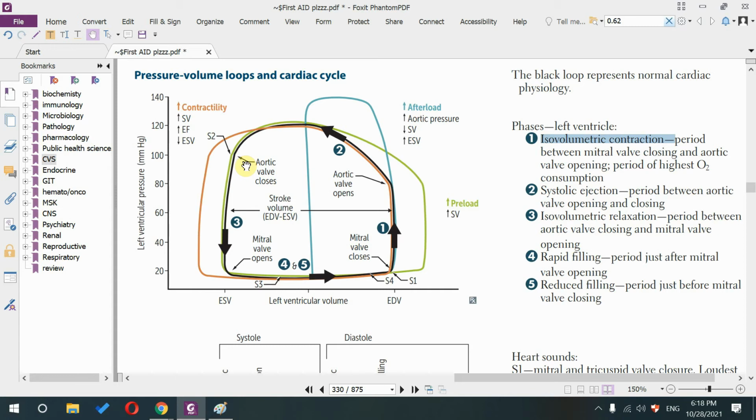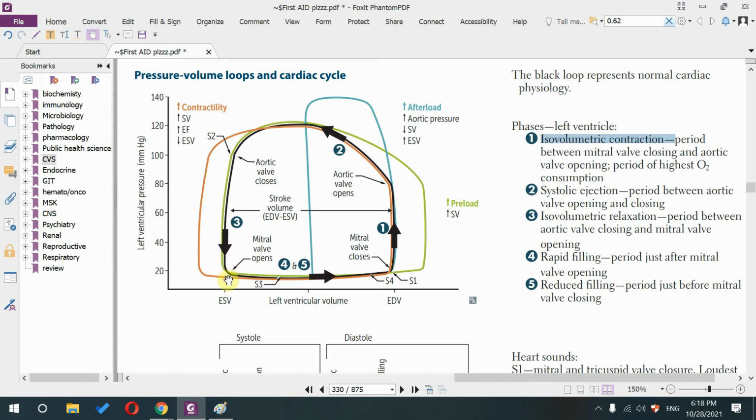The pressure inside your aorta goes up because you put more volume in it, and your left ventricle pressure goes down because you have less volume in it, so the valve will close. When the valve closes, what will happen? Time for isovolumetric relaxation. The mitral is already closed, the aortic is now closed, so everything is closed and the pressure goes down, but the volume is the same. That's why we call it isovolumetric.